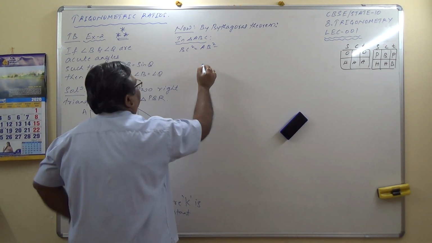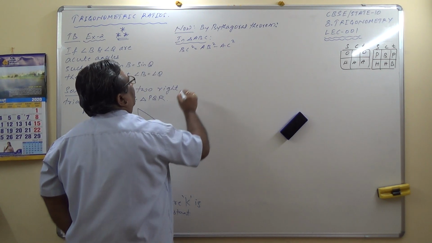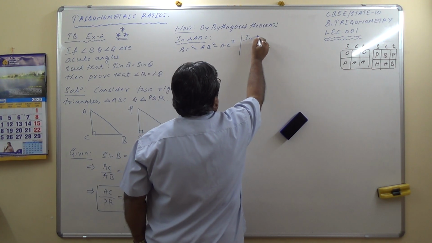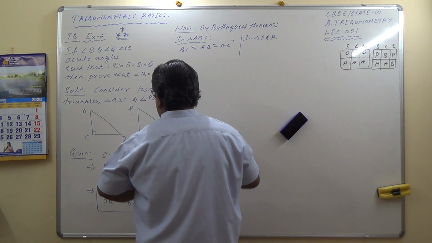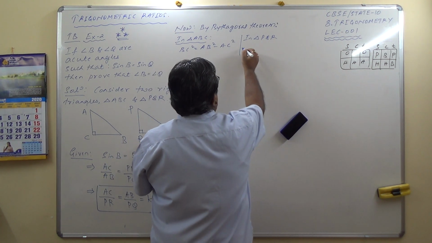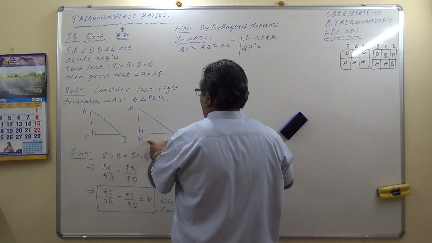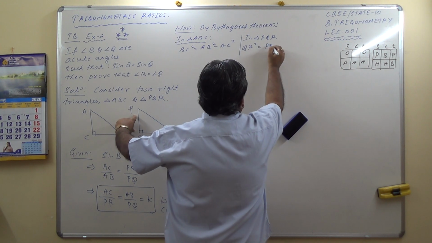And in triangle PQR, QR square equals PQ square minus PR square.